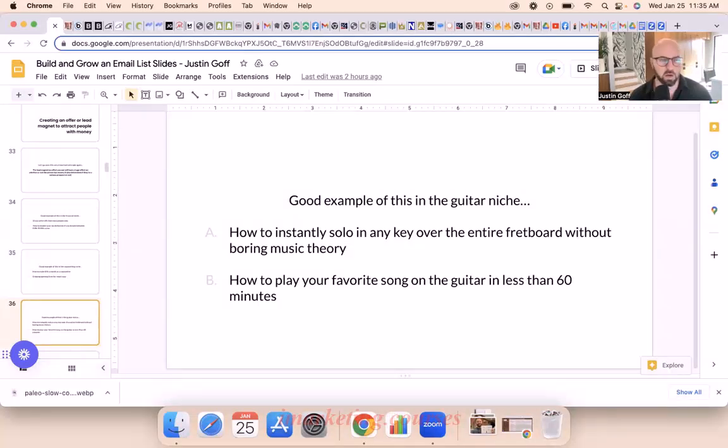I played guitar for like 2 months in high school and then never played again, but that's the type of thing that would have appealed to me as a beginner. So you're getting a newer person, maybe someone who's never even picked up a guitar before. But the reality is you want the person that's more advanced, more dedicated and more serious about playing guitar on your list, because they're going to be on that list for years to come, whereas the other person could be gone and onto something else in a month.